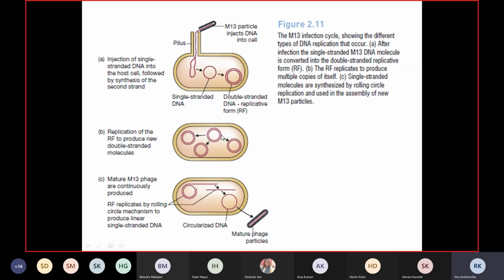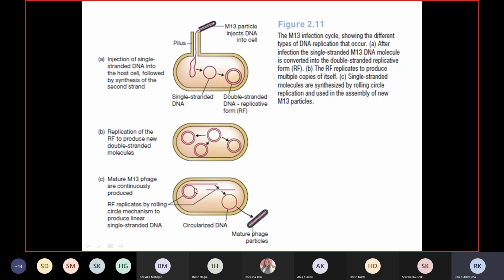These replicative forms make many copies of the M13 genome. Then a particular protein acts on them and makes a nick at the origin of replication of this genome.